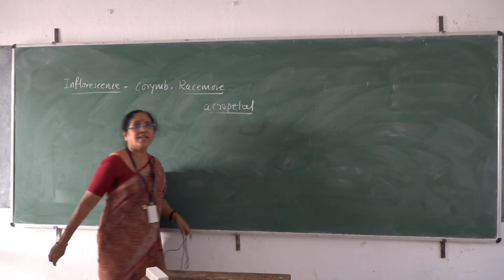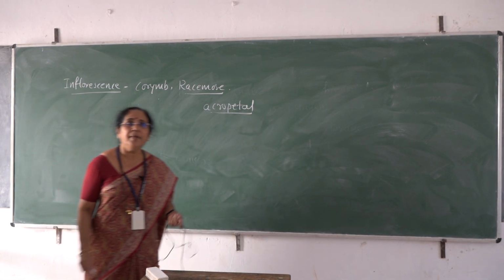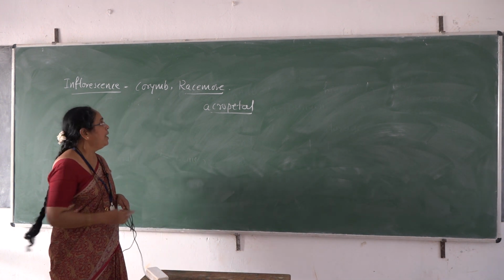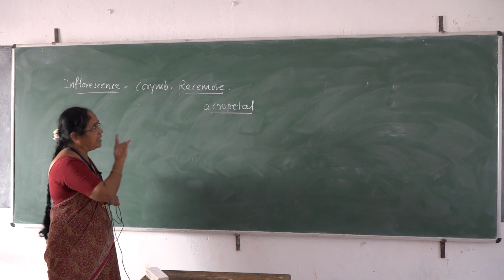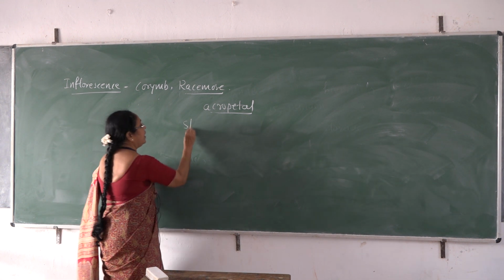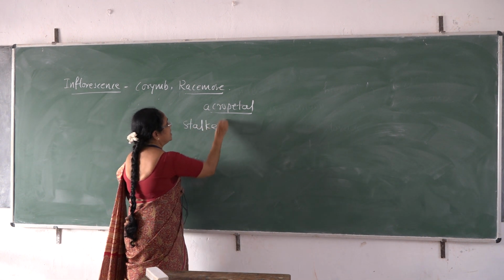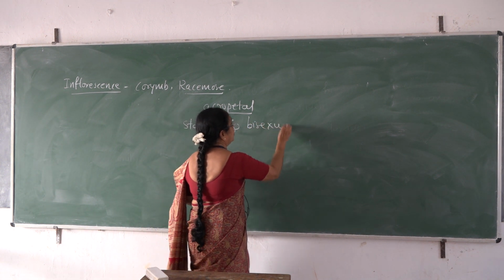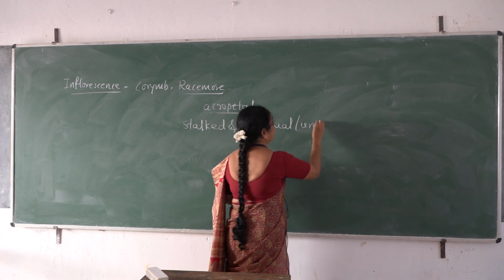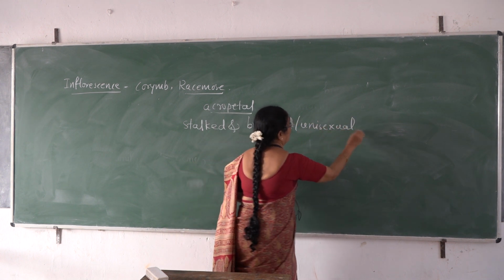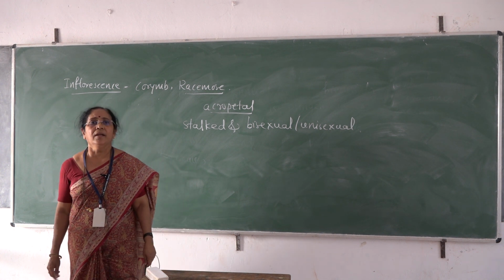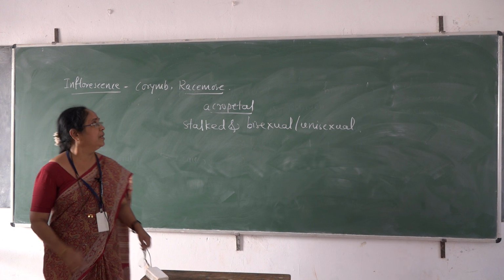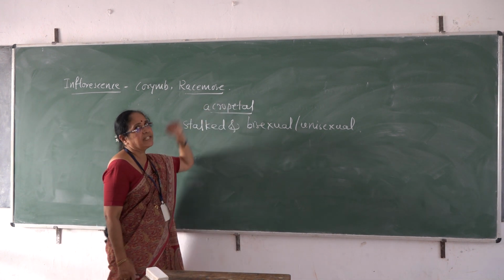Acropetal arrangement means older flowers are found at the base and younger flowers are found at the top, and all flowers of this inflorescence are generally stalked and bisexual, or unisexual flowers, arranged in acropetal manner, and the axis always continues to grow because it never ends with a floral bud, so the inflorescence is called racemose.